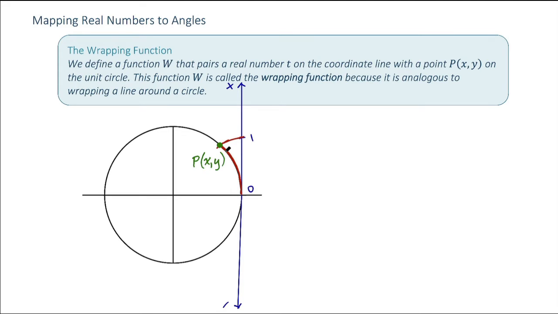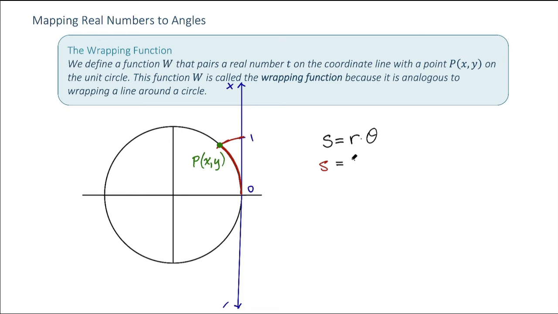Now, what's really nice is that this function may seem complicated, but because this is a unit circle, we know the arc length of a portion of a circle is r times the angle. The unit circle has a radius of 1. So we have S, which in this case is this curve right here, S is equal to 1 times theta.